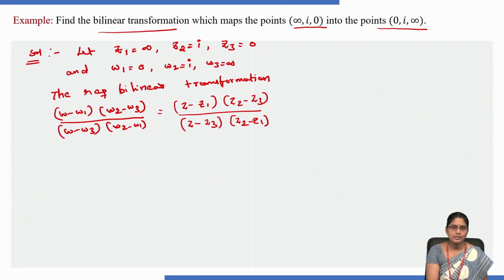Substitute the points in place of z and w. W minus w1, w1 is 0.